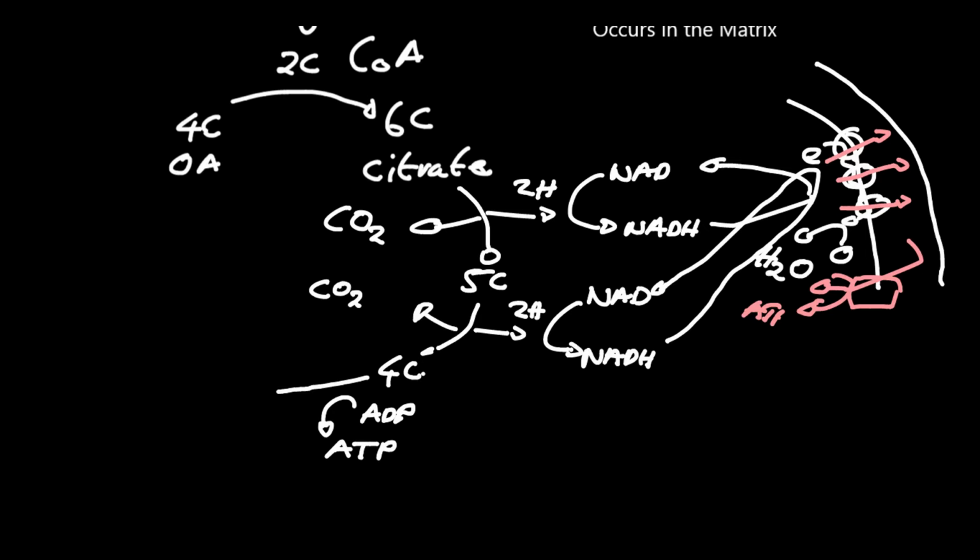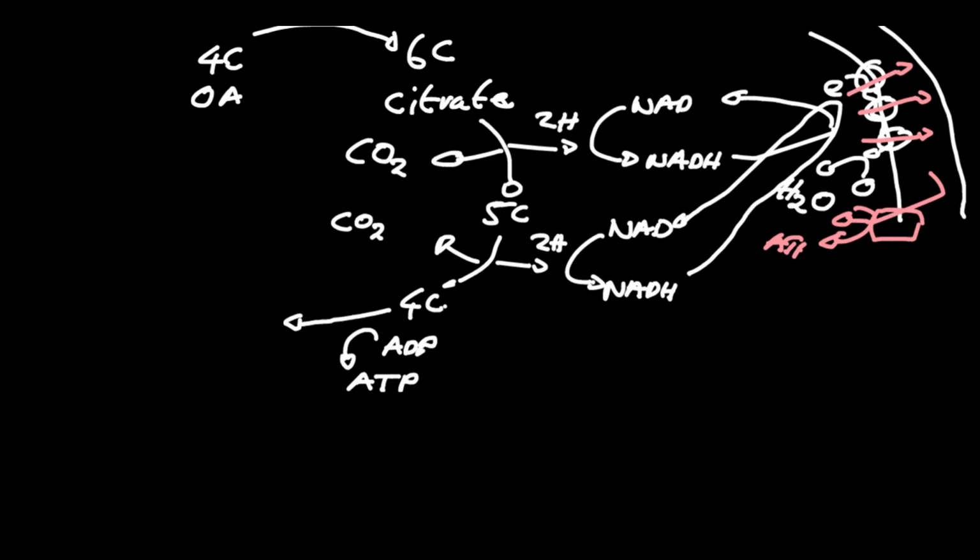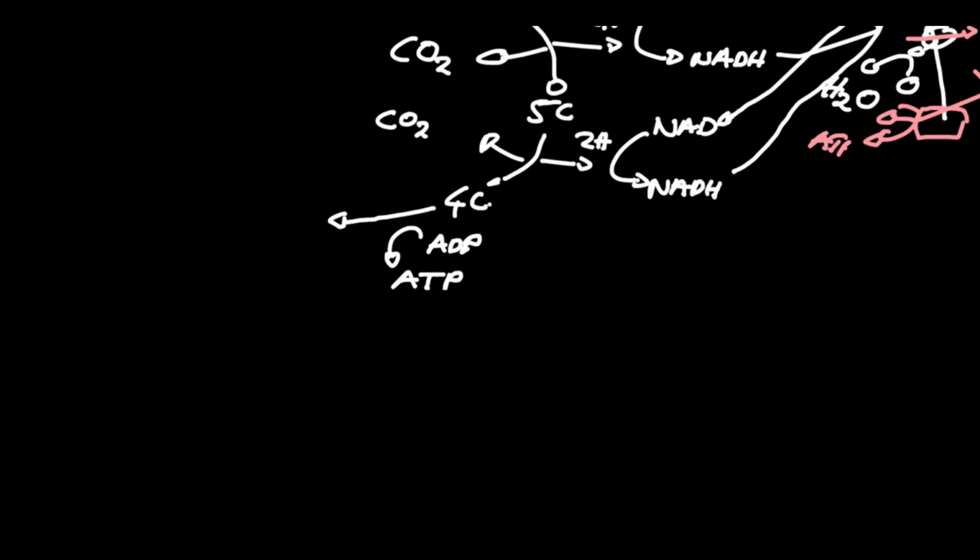and that's by substrate level phosphorylation. Then there is another step of dehydrogenation, where 2 hydrogens are removed, and these are added to another coenzyme, which is the coenzyme FAD.